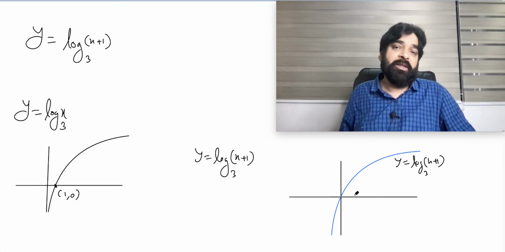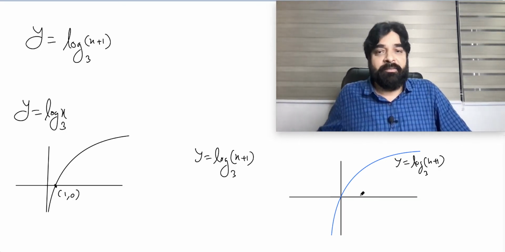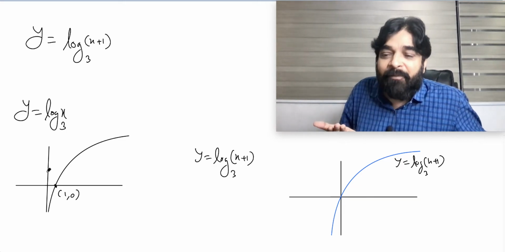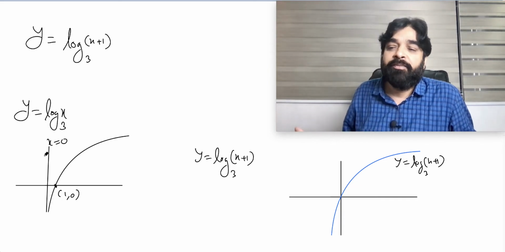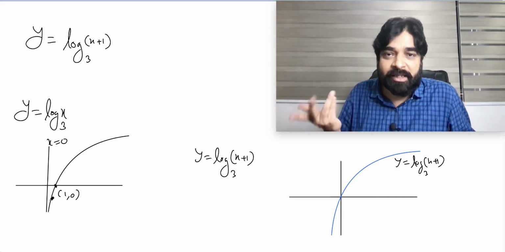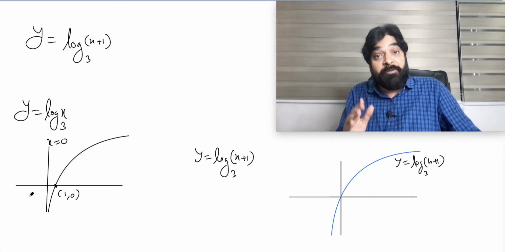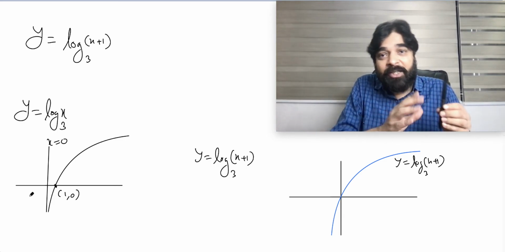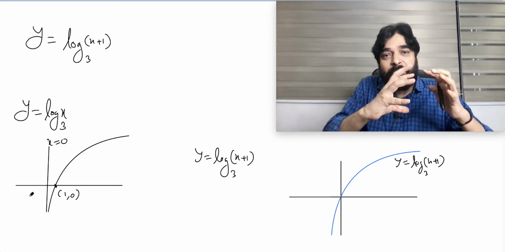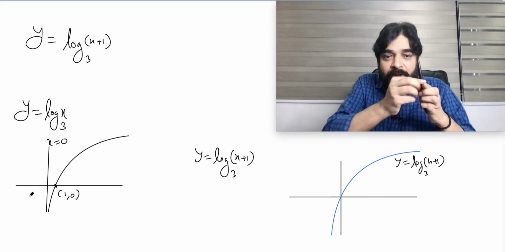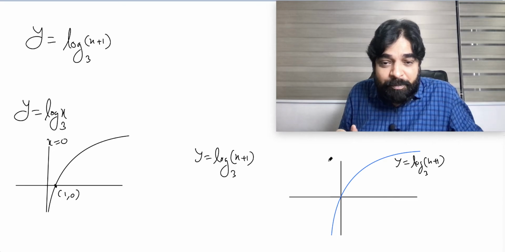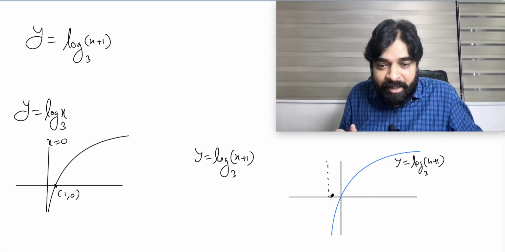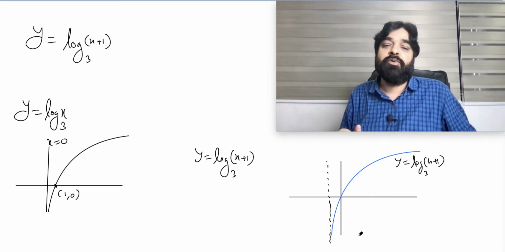But remember one very interesting thing. Did this graph have an asymptote or not? What is the asymptote's equation? The y-axis equation is x equal to 0. If you shift the graph 1 unit left, the asymptote is also part of the graph, so the asymptote will also shift left by 1 unit. So the new asymptote will come something like this. See, this is your new asymptote.